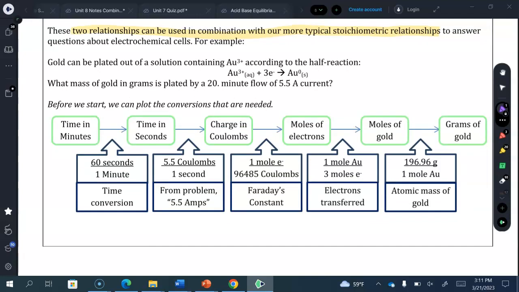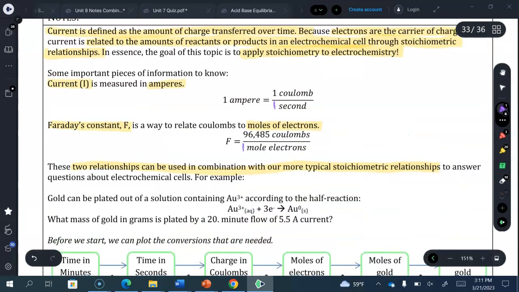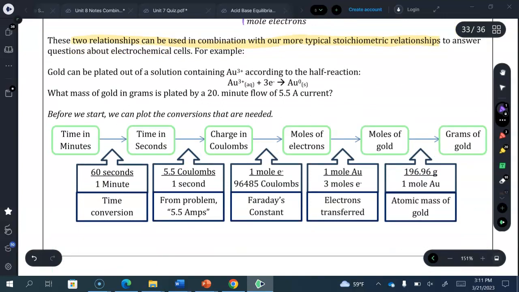So what mass of gold is plated by a 20-minute flow of a 5.5 amp current? Remember, this A is amperes. Before we start, we should plot the conversions that are needed, like the roadmap from first year chemistry.